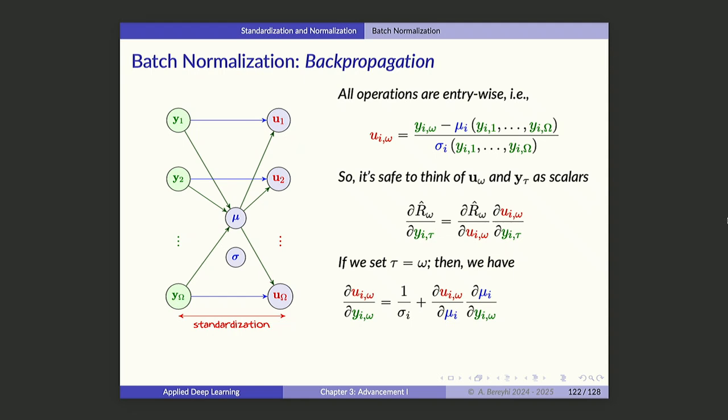Everybody's clear? You see that? You don't see it? So look at this guy. u depends on y, mu, and sigma, right? It's a nested function. Mu itself, sigma itself, they also depend on y and all other y's, right?